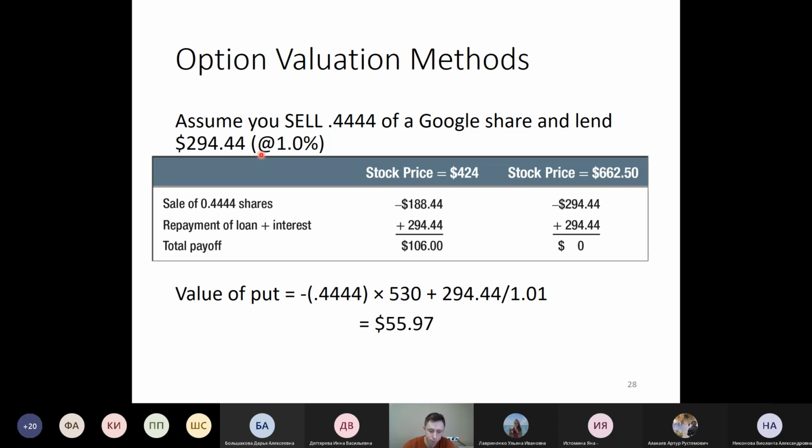And therefore, we will have this result. And so we replicated the option with the other two transactions, purchasing or short selling a fraction of the stock plus lending the money.